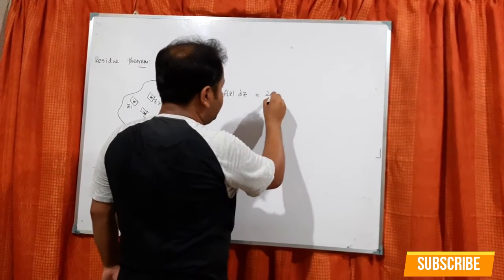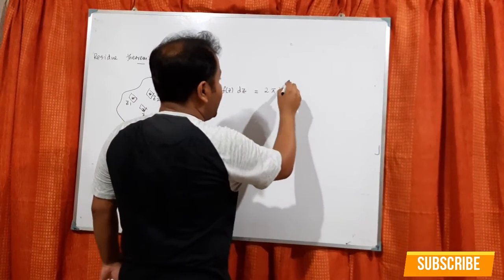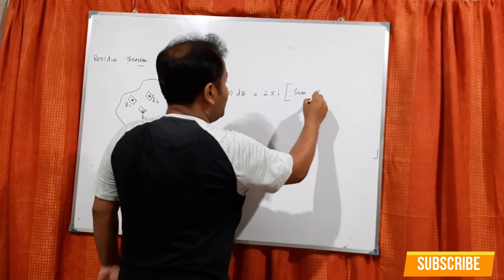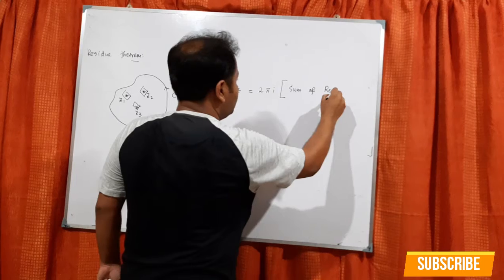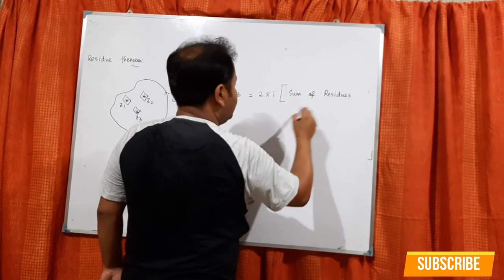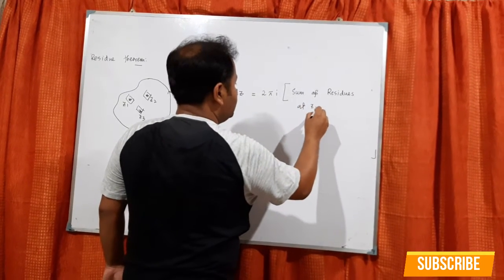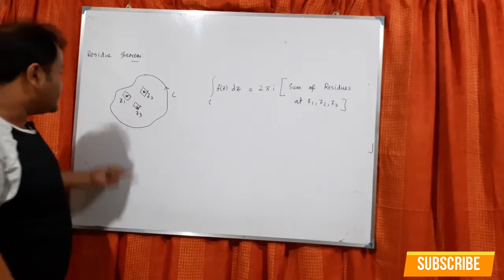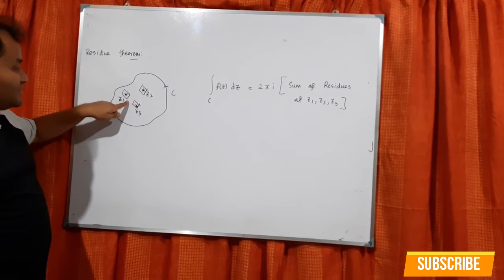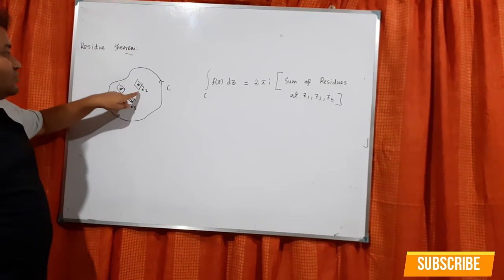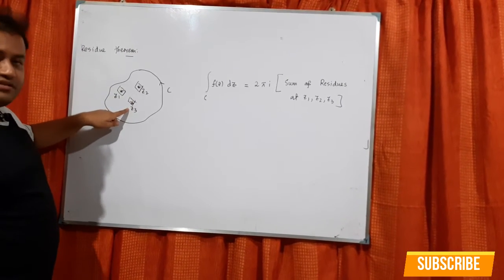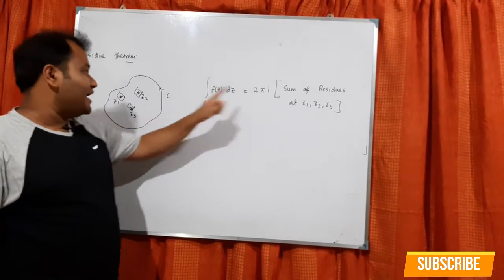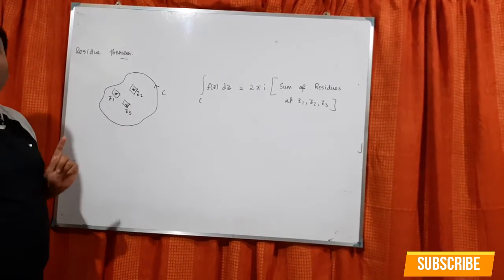Now the formula is very simple: 2 pi i times the sum of residues at Z1, Z2, Z3. You simply calculate the residue at Z1, residue at Z2, residue at Z3, add them, and multiply with 2 pi i, so you get the integration over the curve.